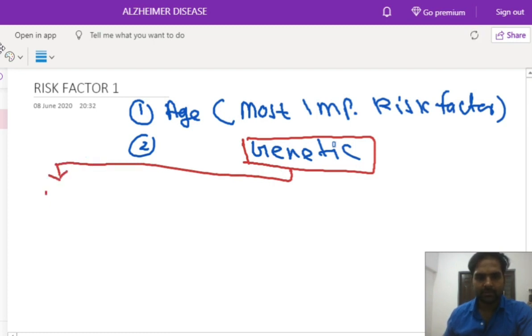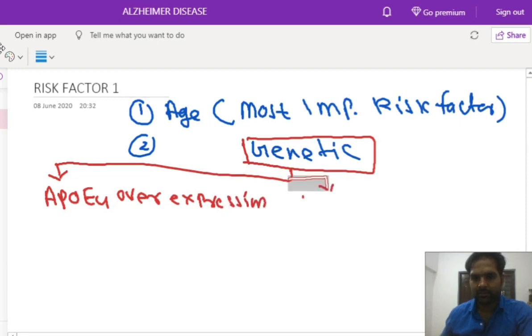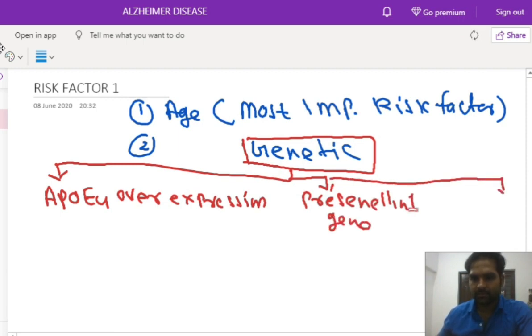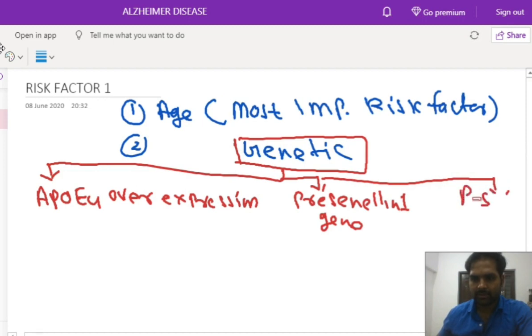The first one is ApoE4 overexpression. The second is the presenilin 1 gene. And third is the presenilin 2 gene.